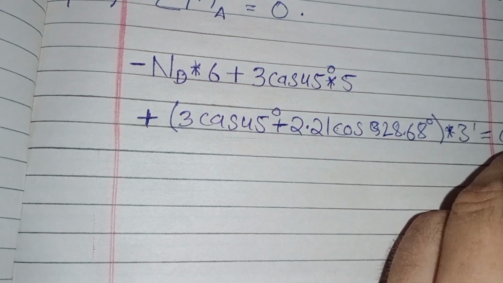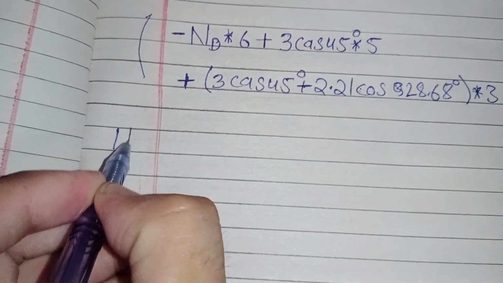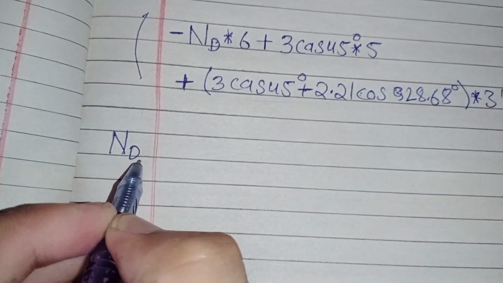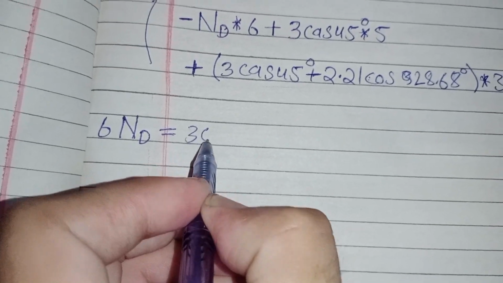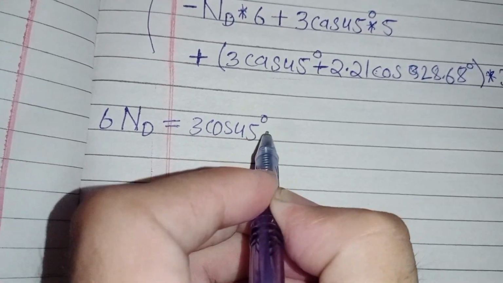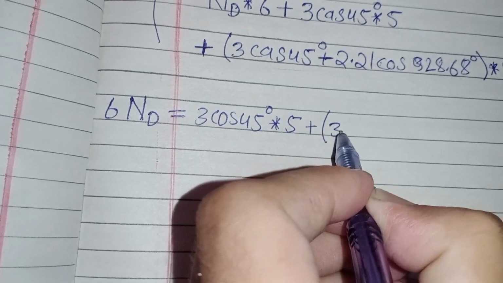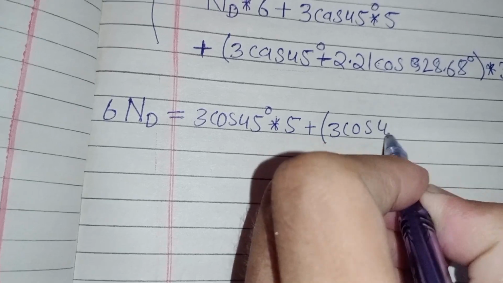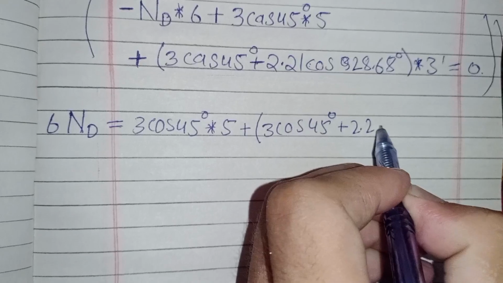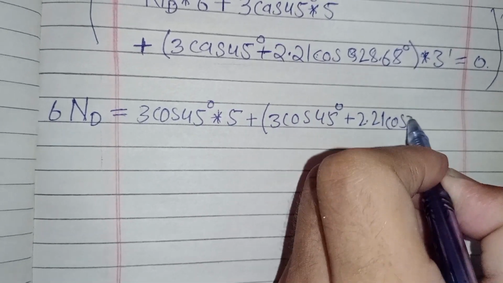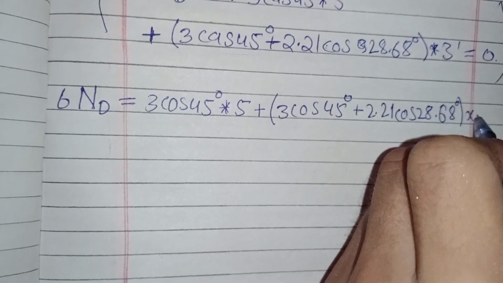When you rearrange this equation, it will come: 6 into ND will be equal to 3 cos of 45 degrees multiplied by 5, plus 3 cos of 45 degrees, plus 2 into 2.21 cos of 28.68 degrees into 3.